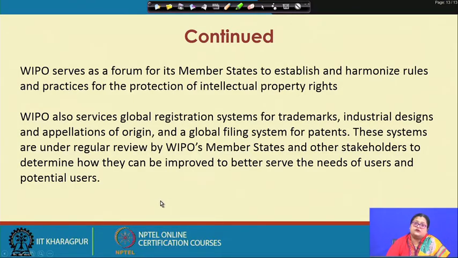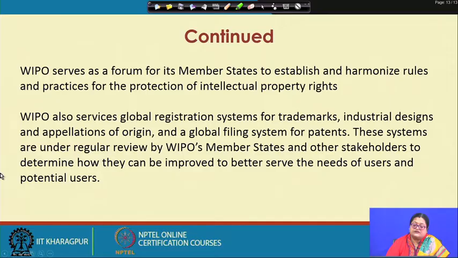The World Intellectual Property Organization serves as a forum for its member states to establish and harmonize rules and practices for the protection of intellectual property rights. It also services global registration systems for trademarks, industrial designs and appellations of origin and a global filing system for patents.